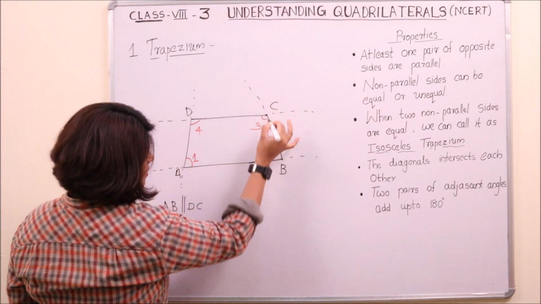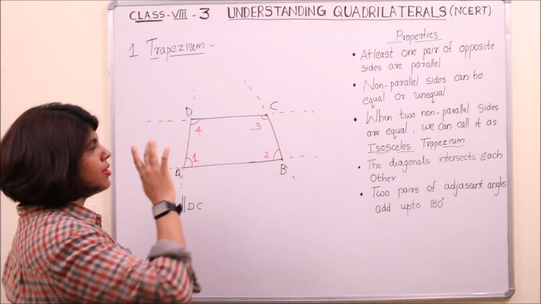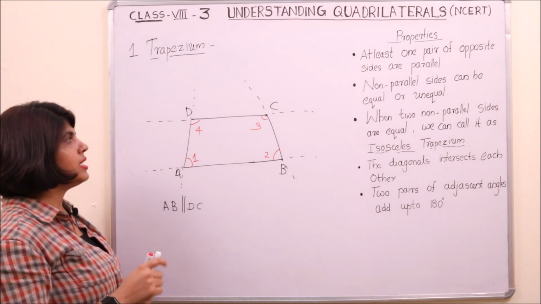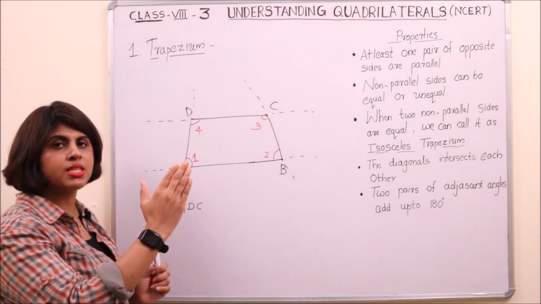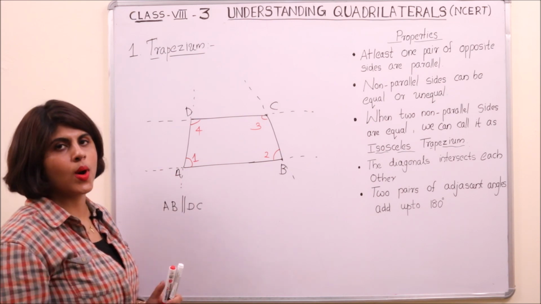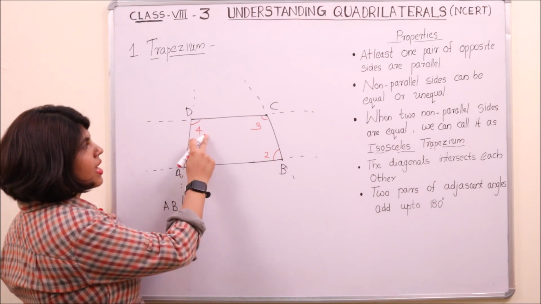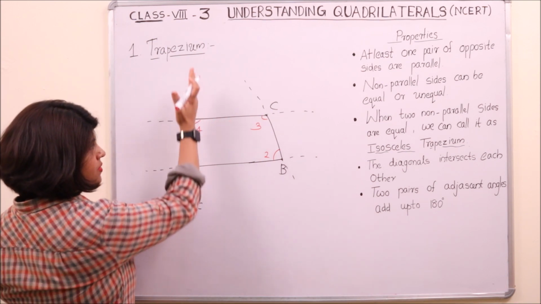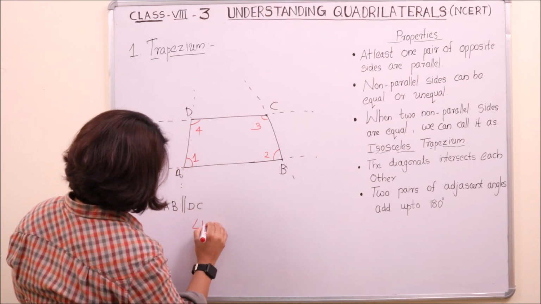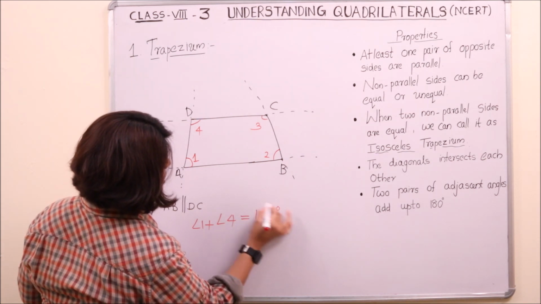If a transversal crosses two parallel lines, then the angles on the same side of the transversal are supplementary, that is, they add up to 180 degrees. Here angle 1 and angle 4 are on the same side of the transversal AD. So angle 1 plus angle 4 equals 180 degrees.